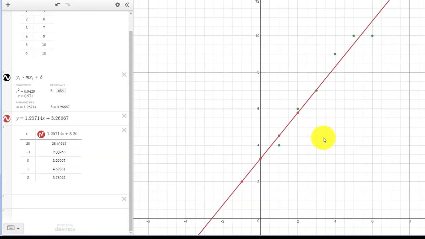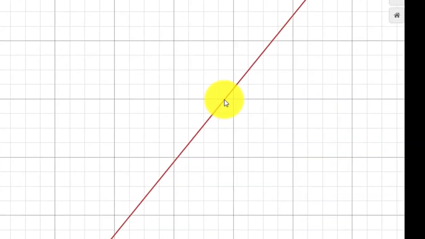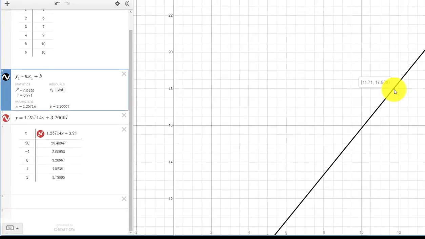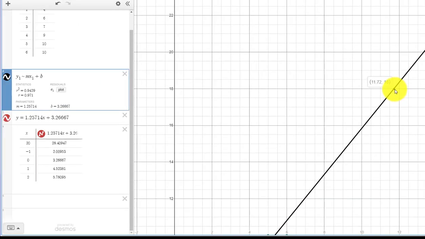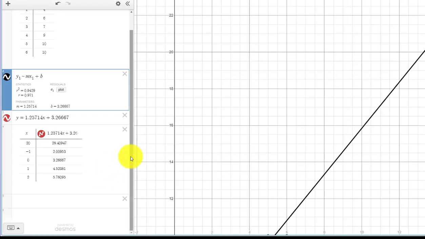So I just have to look for my y equals 18, which is somewhere here. Okay, so that's the answer, 11.72. That's the x value. So the x value is 11.72.